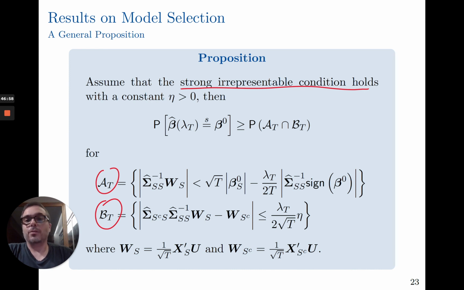Okay? So basically these events translate into this: one part is that I want to include in the model the correct variables. The correct variables should be included in the model. Okay? And the irrelevant variables should be excluded from the model. So when I have the intersection of both, I correctly include all the variables and I correctly exclude all the irrelevant variables, then I have model selection consistency.